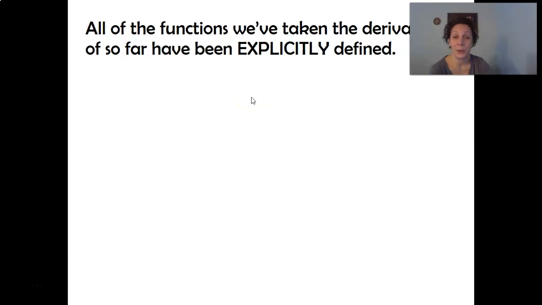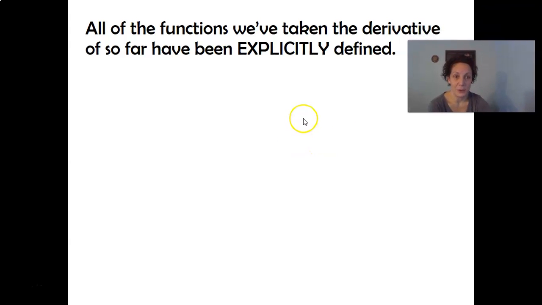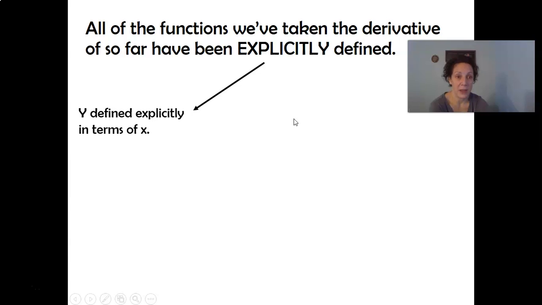It does not. Okay, so far, every derivative I have thrown at you has been the derivative of an explicitly defined function. Explicit meaning that we have y in terms of x.